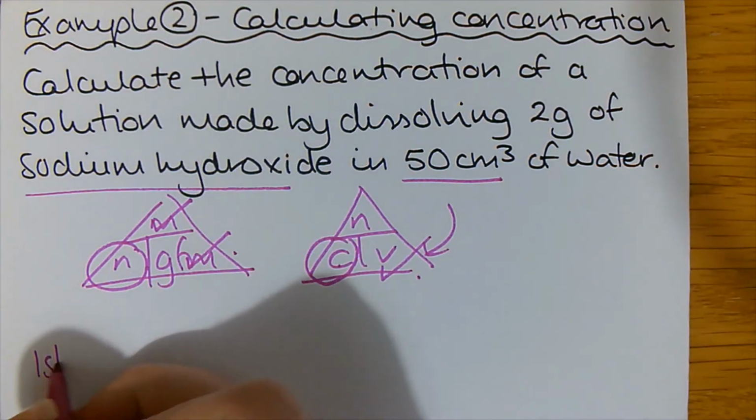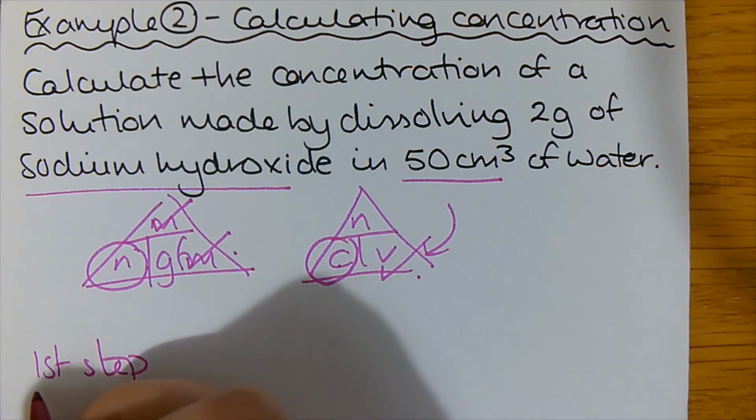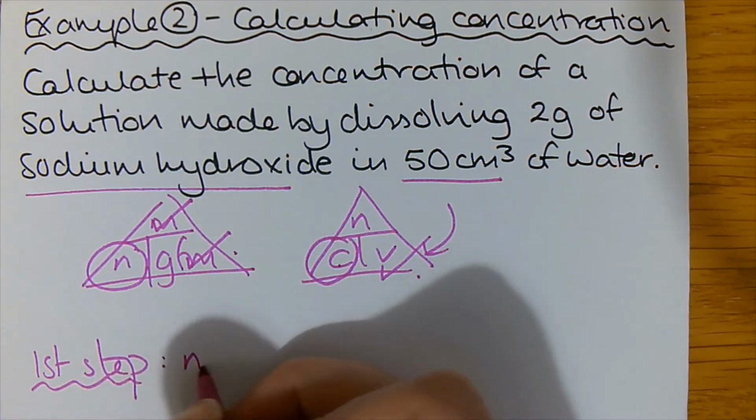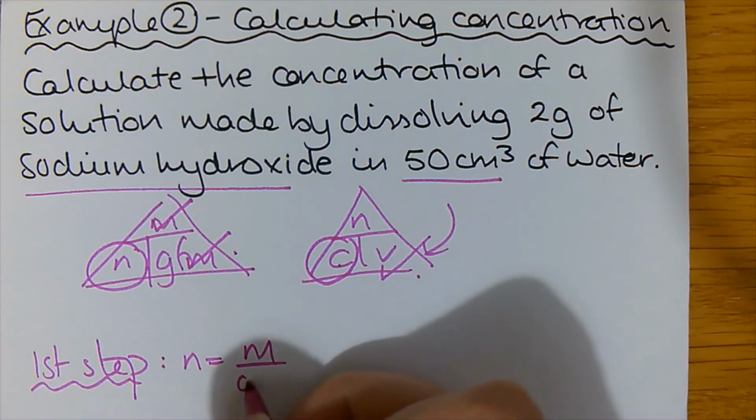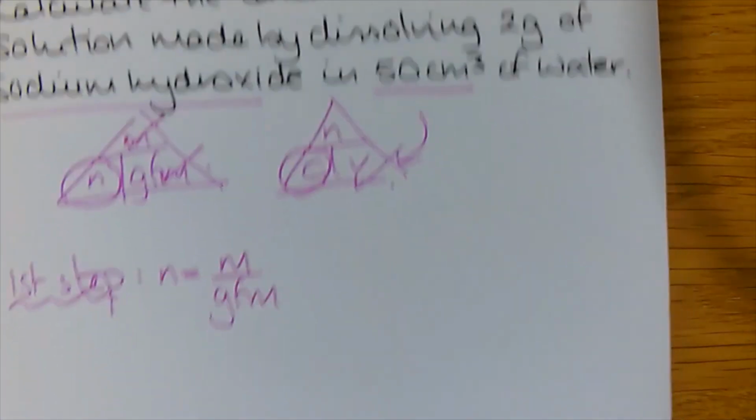So first step, number of moles equals mass divided by gram formula mass.